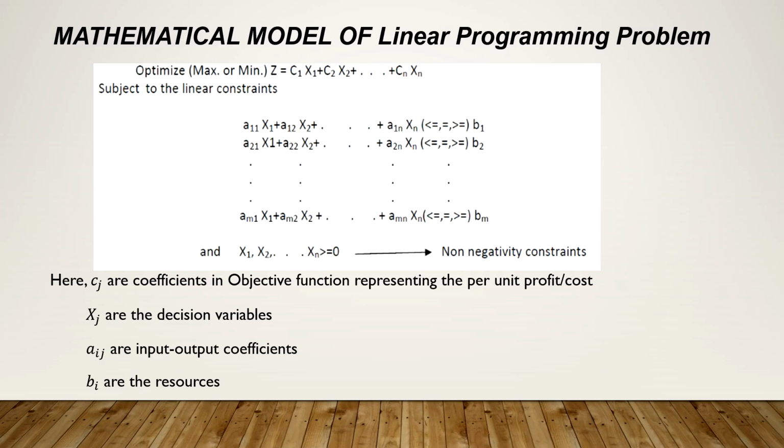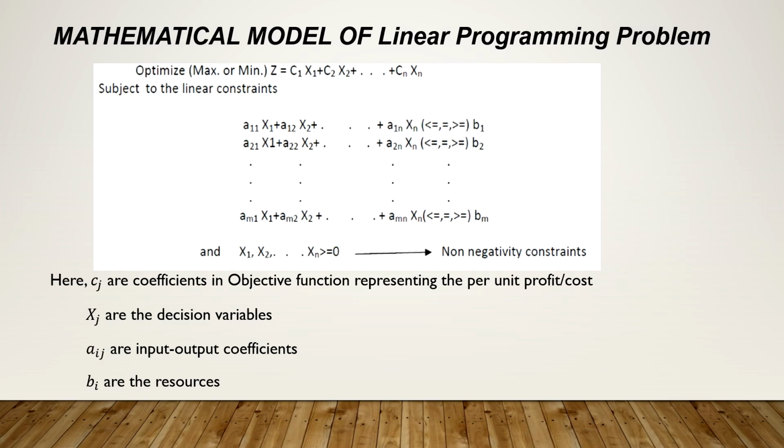If you observe this model, the cj's are the coefficients in the objective function, and they represent your profit, cost, anything per unit. That means if I say profit per unit of type A device is 10 rupees, then 10 into the number of units will give you the total profit. So this is the per unit profit, or if you are minimizing, the per unit cost.